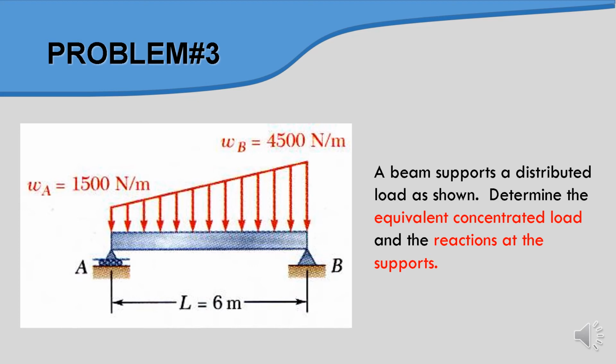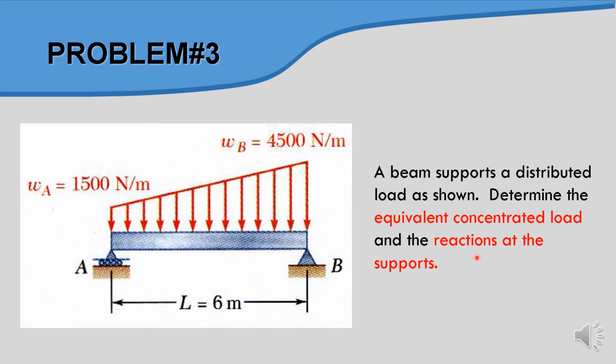which is supported by the roller and pin, whereby the value of W_A is 1500 at the smallest area here, and the biggest number is 4500 at this area. Okay, so the question is asking for the equivalent concentrated load and the reaction at the support.